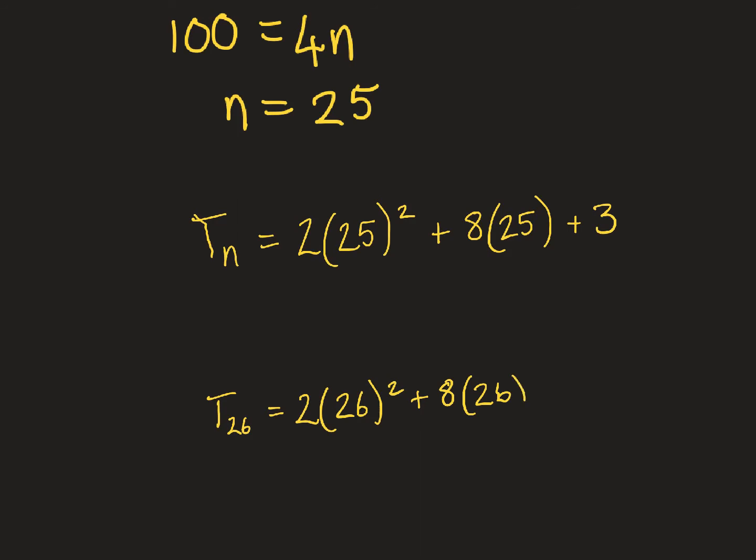As soon as I'm finished writing this, I'm going to do that. The calculator gave me an answer of 1,453. I've just seen over here that I should have said that this was the 25th term. And the other answer is going to be 1,563.